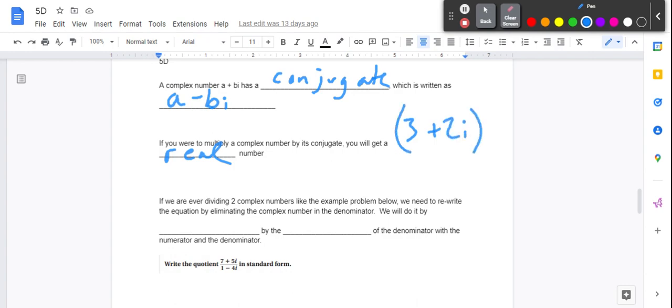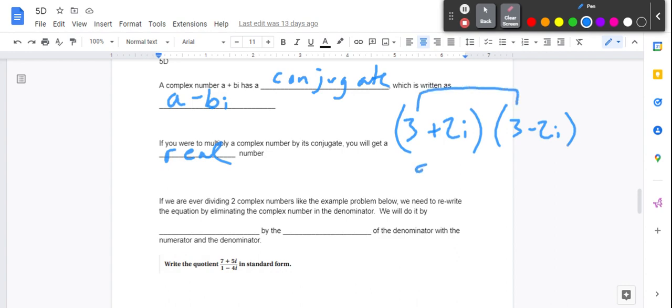Its conjugate would be 3 minus 2i. If we were to multiply those two things, we would end up with a real number.